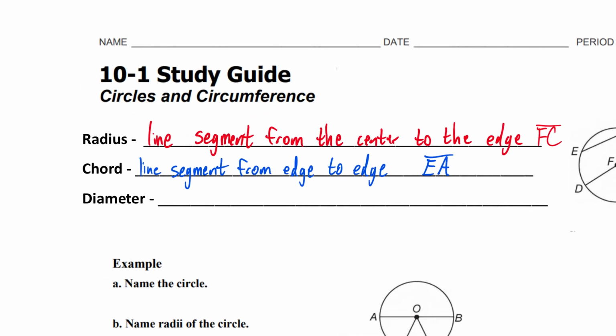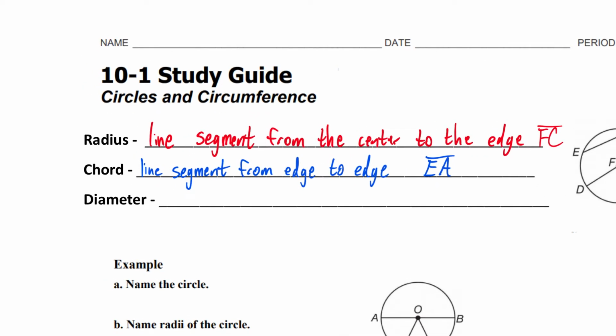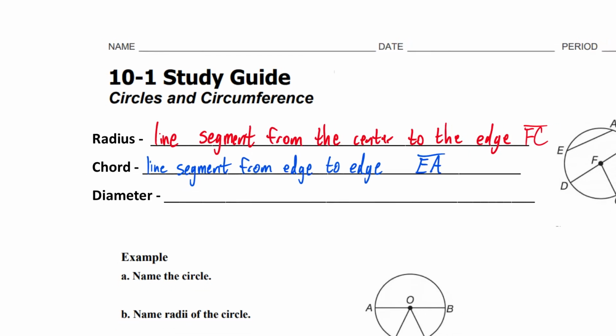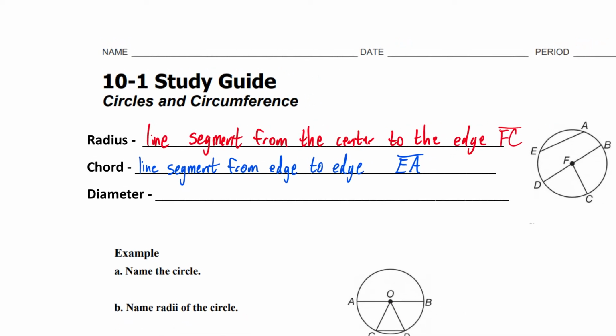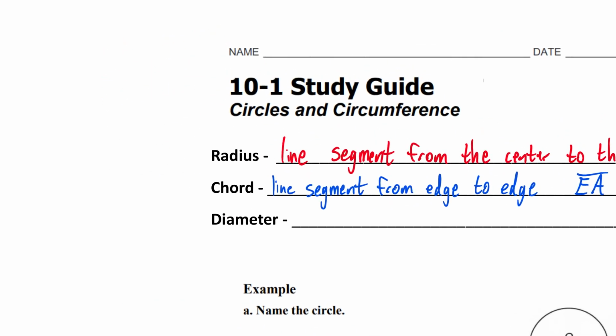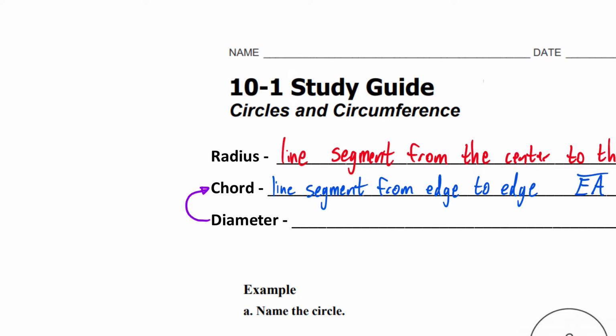Now, a diameter. How do we describe a diameter? Okay, it goes across the circle, but through the center of the circle, right? So actually, a diameter is a chord. Okay, good.